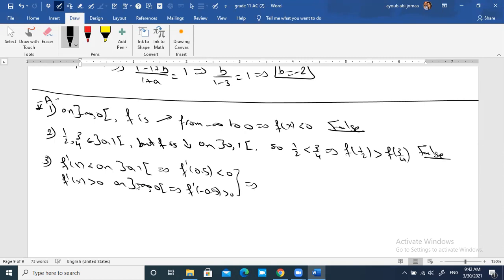This means that the positive will be greater than the negative. f prime of negative 0.5 will be greater than f prime of 0.5. So true.